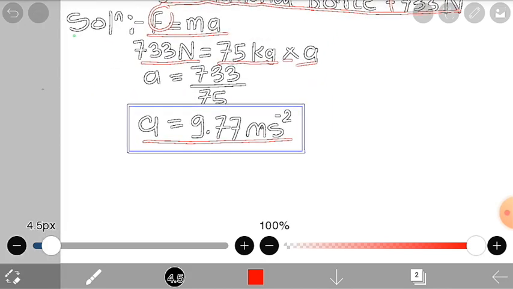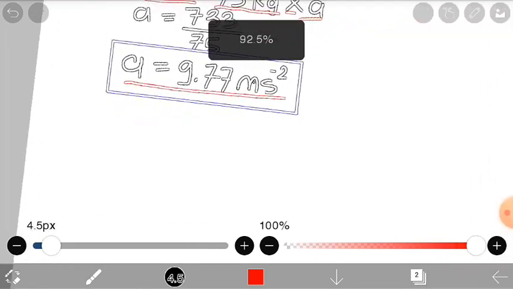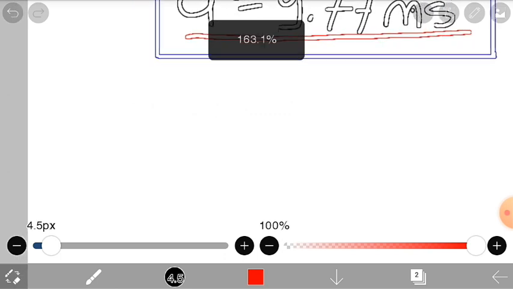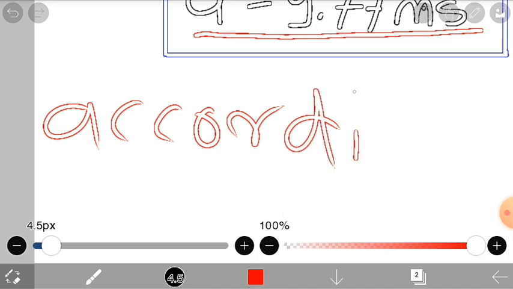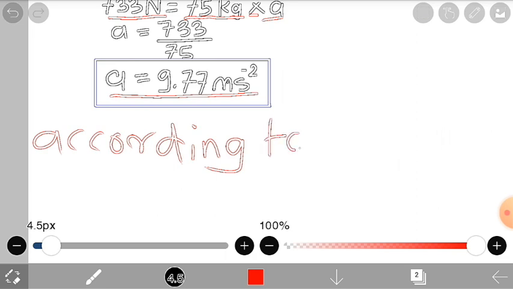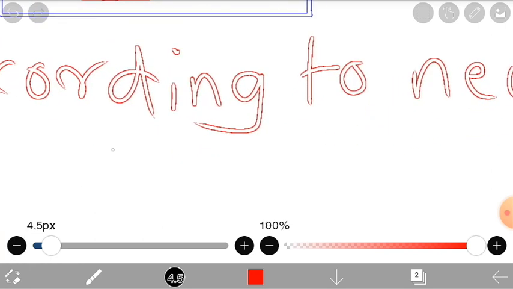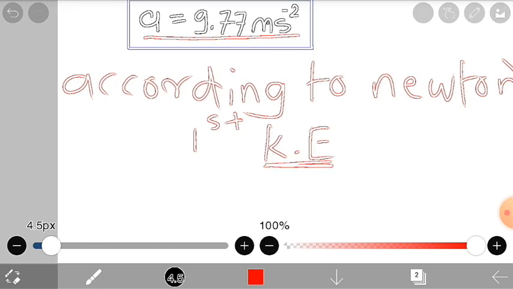Therefore as this is acceleration, we have to find the velocity as mentioned in the question, and this velocity is due to the action of gravitational force. Therefore according to Newton's first kinematical equation, it's not kinetic energy, it is kinematical equation.